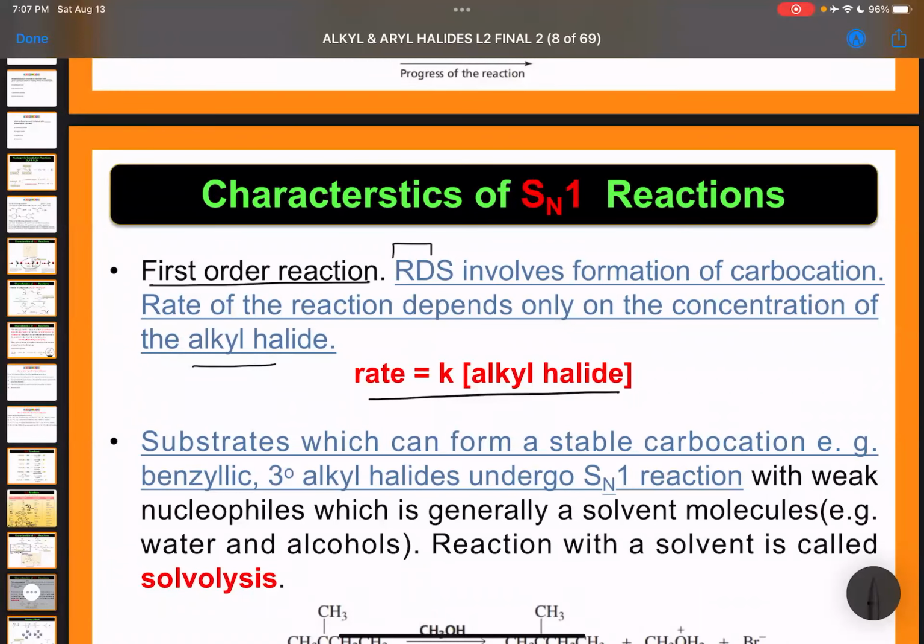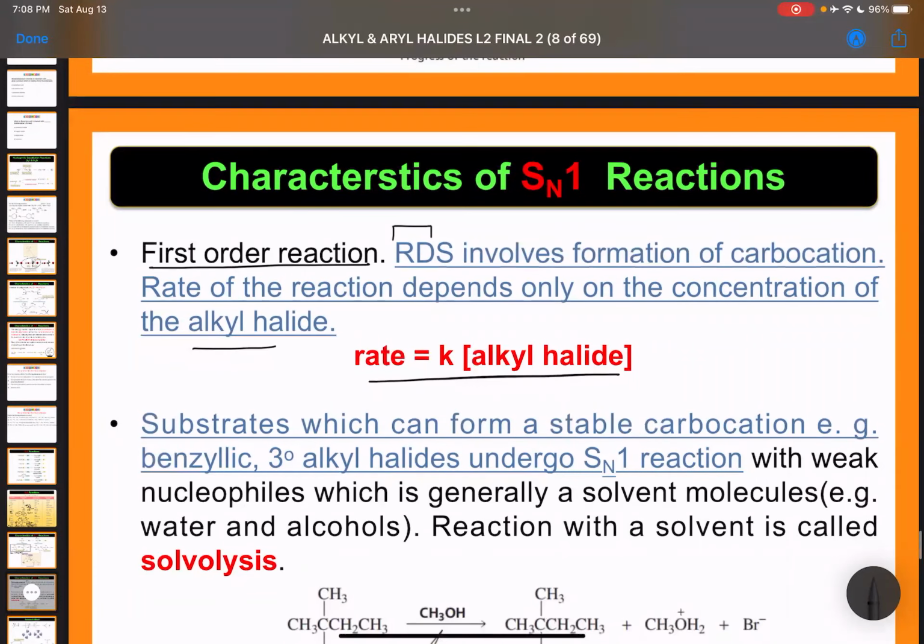Yes, sir. So what will happen if you increase the concentration of nucleophile? If you double the concentration of nucleophile, how is the rate going to be affected? It will not be affected. It is because the rate of SN1 is independent of the concentration and strength of the nucleophile.